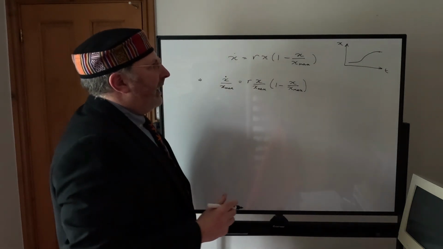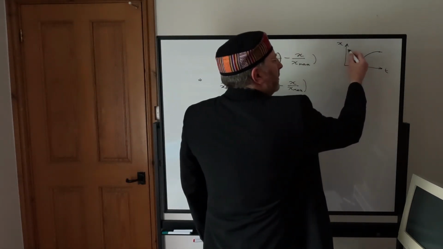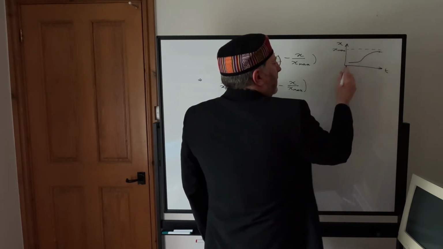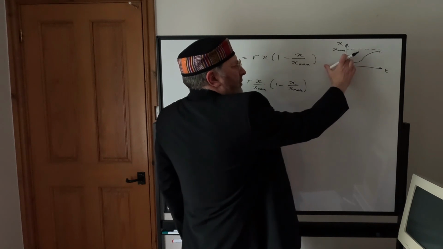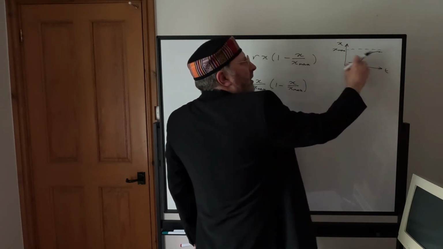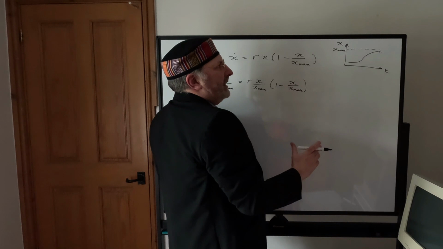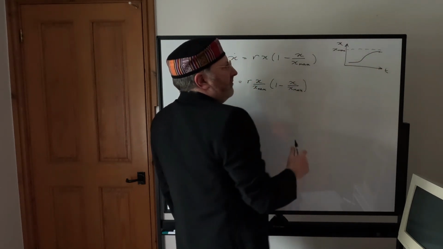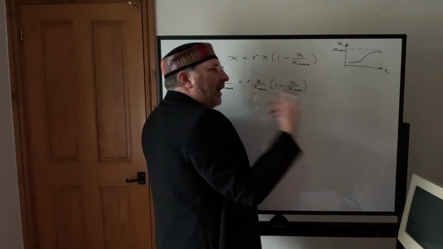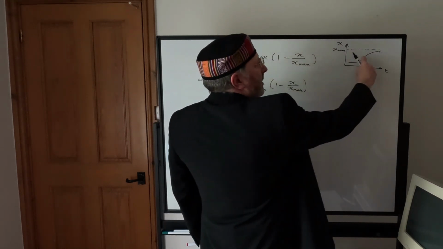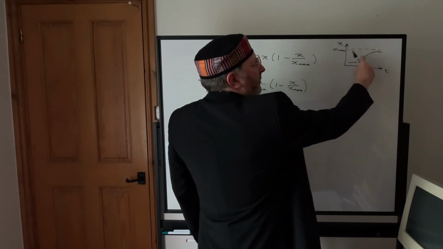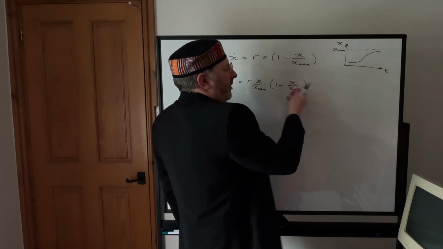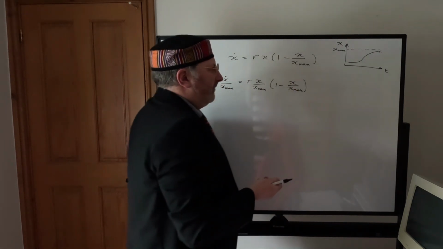And now x over x max is the fraction of the whole logistic growth that has so far been completed. So when x reaches x max, this x over x max is 1. So it's done 100% of the growth. When it's somewhere around here, x is half of x max, so it's completed 50% of the growth. So x over x max is 0.5.